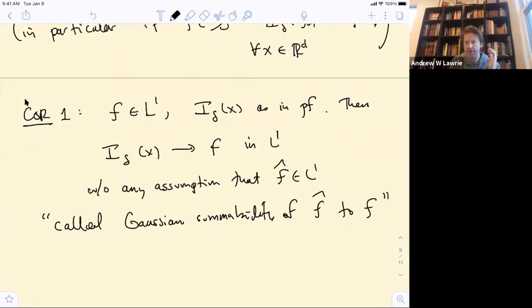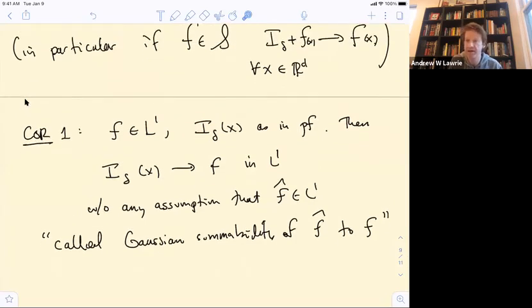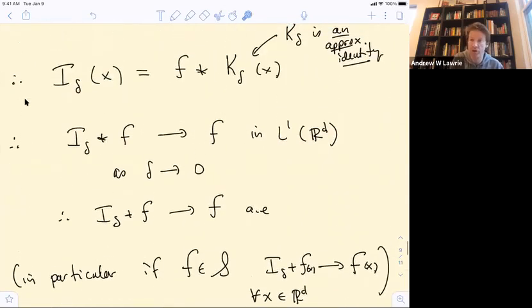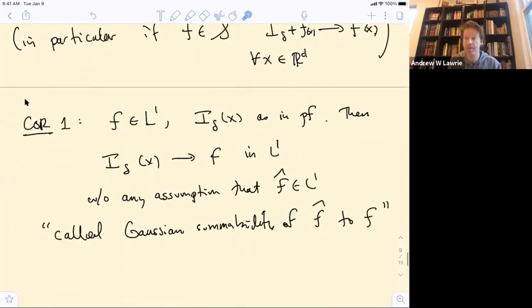So if you have f in L1, you can define the Fourier transform f hat, right? And then I showed in the second part of the proof that I can recover f by introducing this function I delta of x, which I wrote as a convolution of f with a kernel, and then taking the limit as delta goes to 0, and I can recover f again.